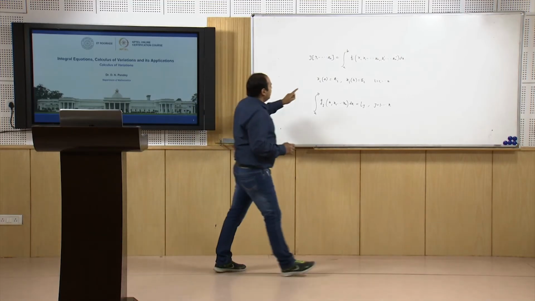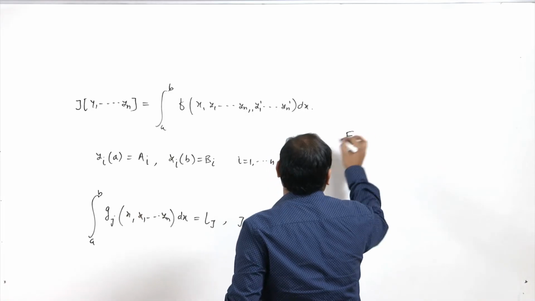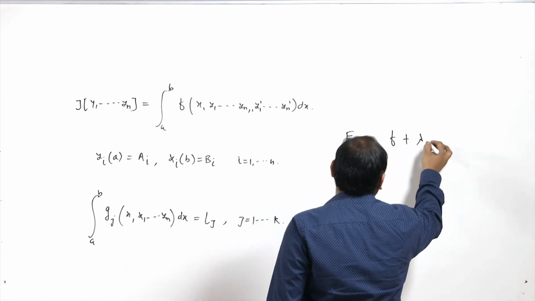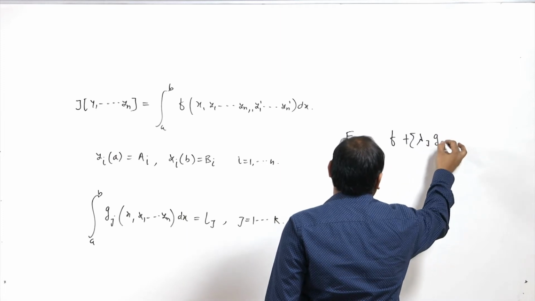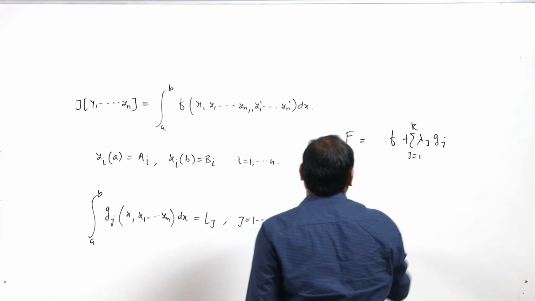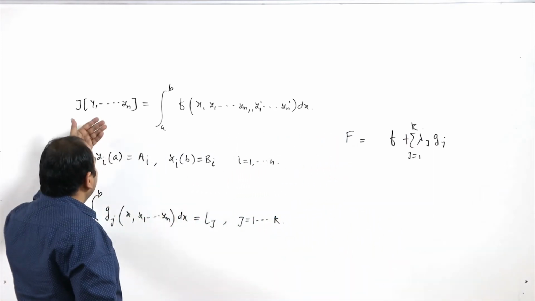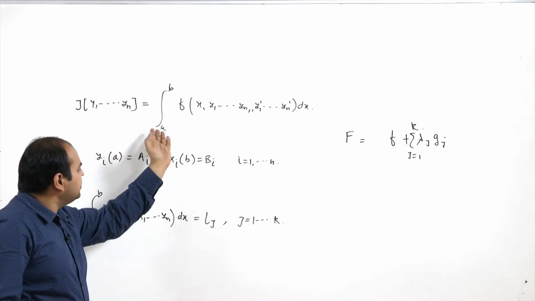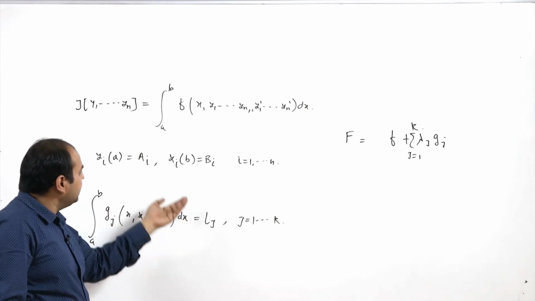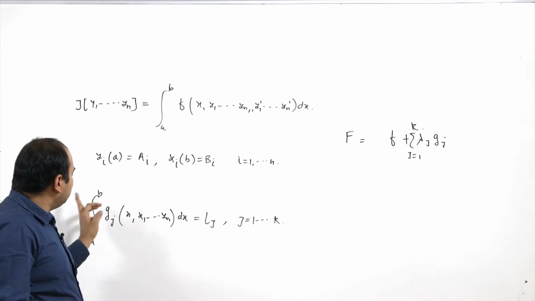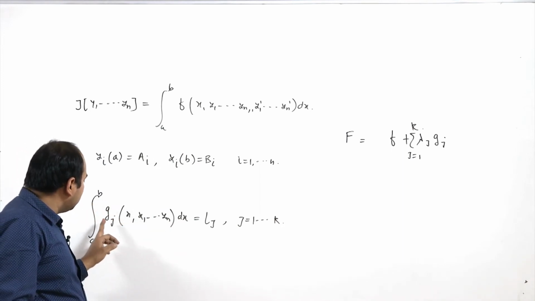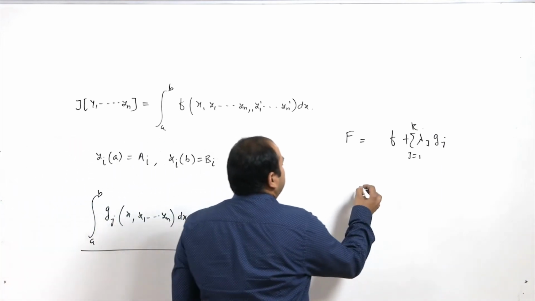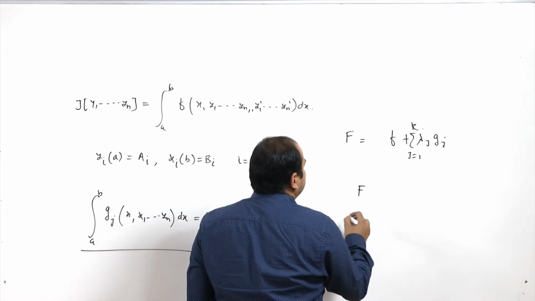So, for that, as we have done in the previous case, we consider a new function capital F as f plus the summation of lambda j gj, j equal to 1 to k, and we can show in a similar manner that if y1 to yn is the extremal curve for this functional such that these values are kept constant, and y1 to yn are not extremals of those integrals, then capital F will satisfy the Euler's equation.